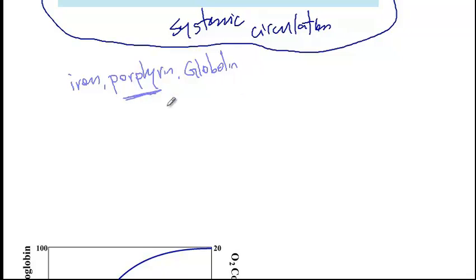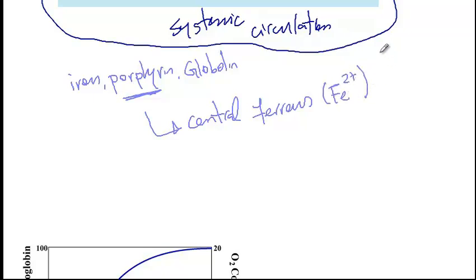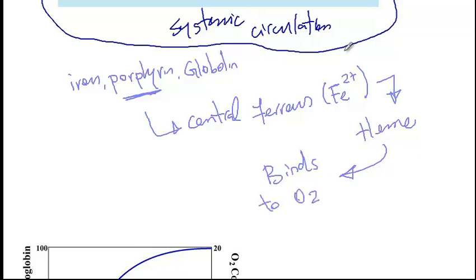Now this porphyrin ring has a central ferrous, which is Fe2+, atom that is referred to as a heme. And this heme can reversibly bind to oxygen. Each hemoglobin is made of two pairs of globulin chains, alpha 2, beta 2.